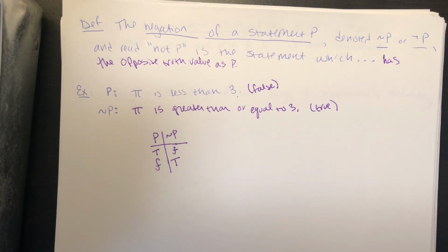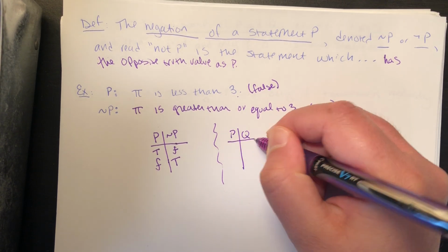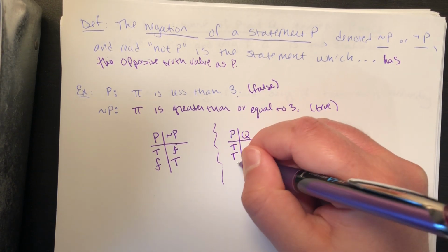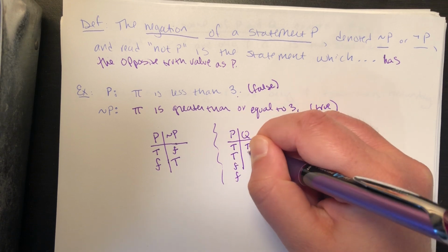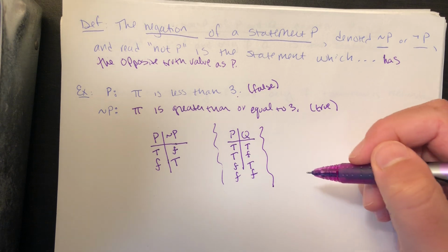Maybe this is a good time to mention, when you have just a single base statement P, your truth table has 2 rows. And if you had a statement with both P's and Q's, we know that we would have 4 rows, right? True, true, false, false, true, false, true, false. What about if you had 3 base statements?